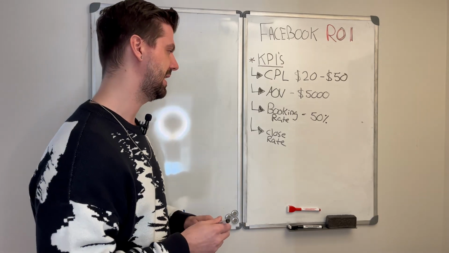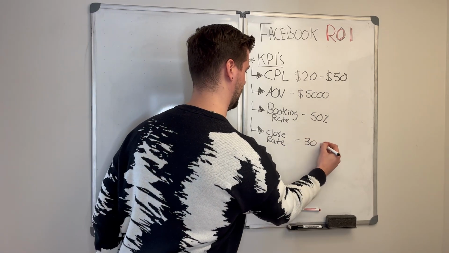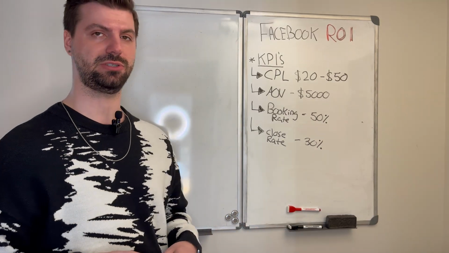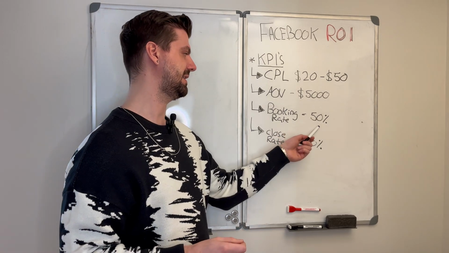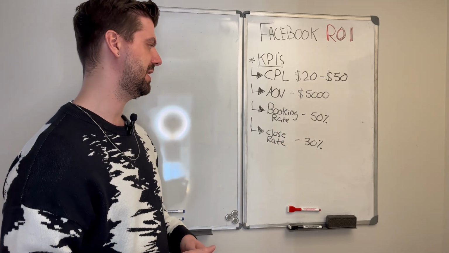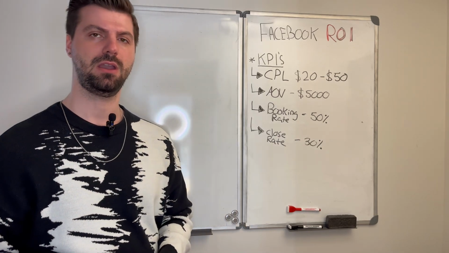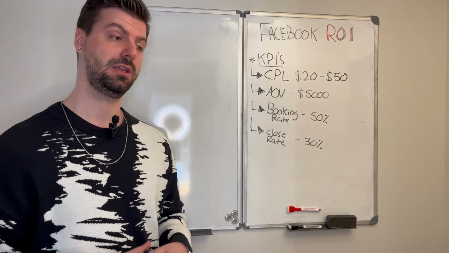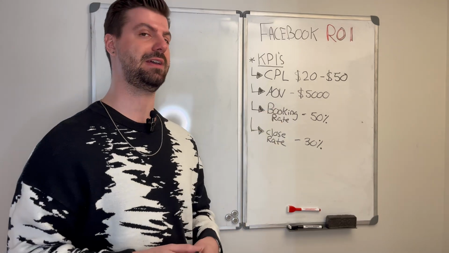So with advertising, the close rate that you could expect of your estimates is going to be no less than 30%. So basically what we want is, of those estimates that we deliver at 50%, we want all those estimates to close at 30%. Again, if the closing rate is lower than this, under 30%, that could be a problem, but it depends too on how high your average order value is, right?